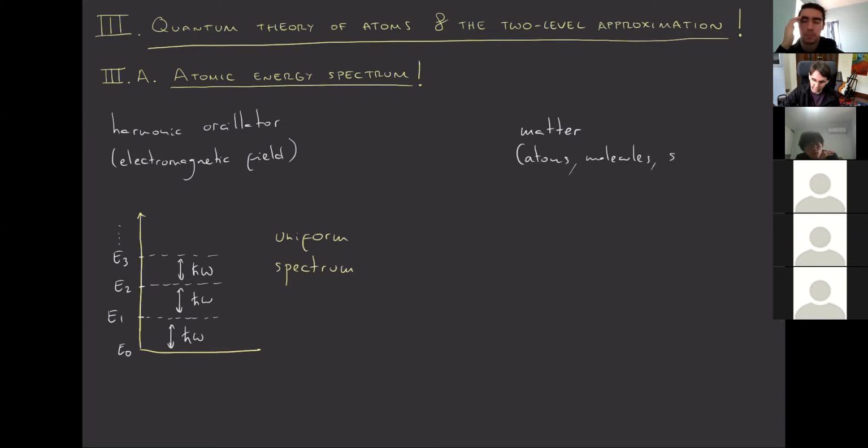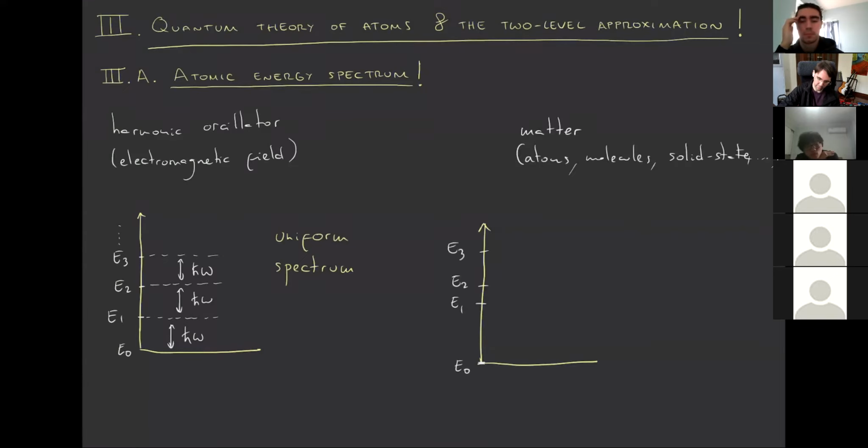But what is the main property of matter for our purposes is the fact that the energy spectrum is not uniform. For example, it looks like this: E0, then E1, then E2, then E3.